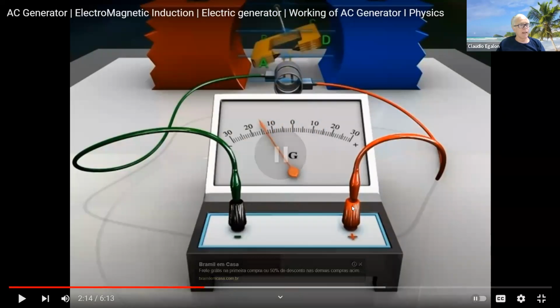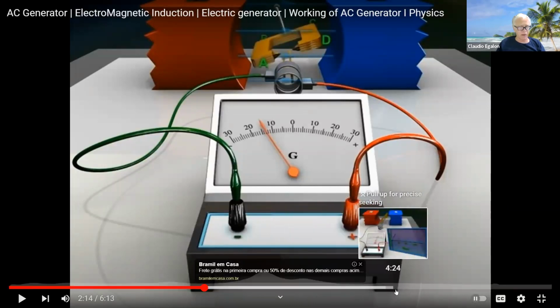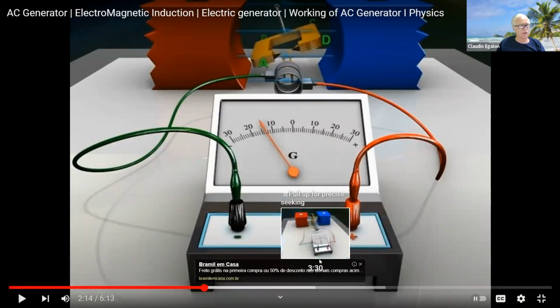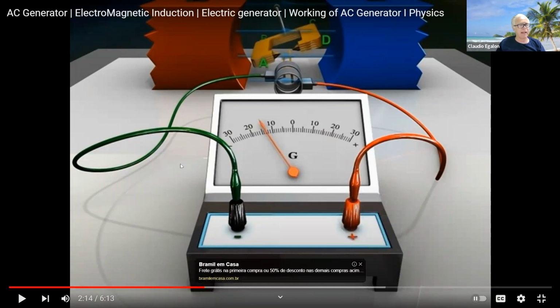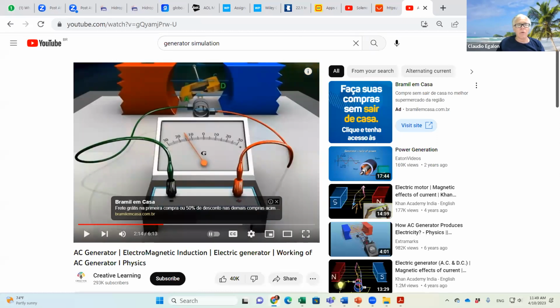This is the type of current that we get in our homes, okay? Far away in the power station, we have a device like that that feeds a whole city, a whole region, and we get this type of current that changes direction and intensity back and forth.